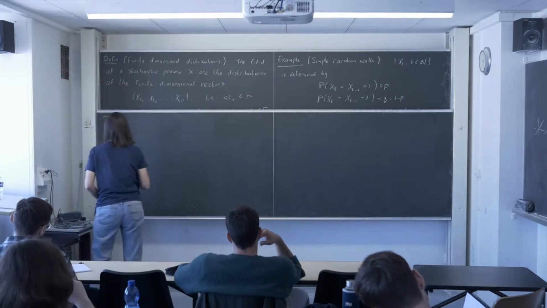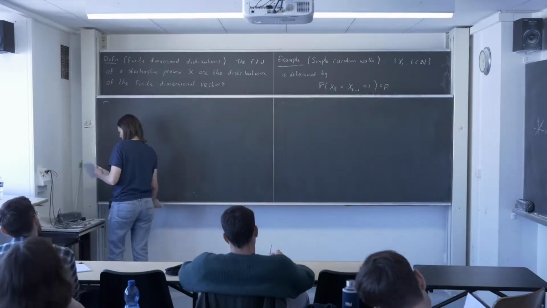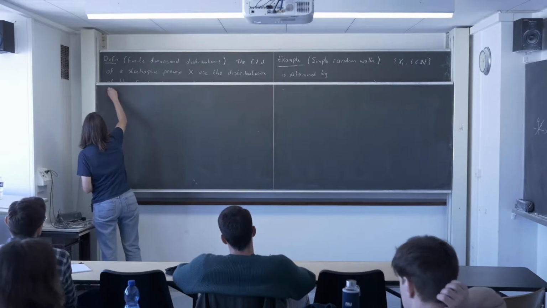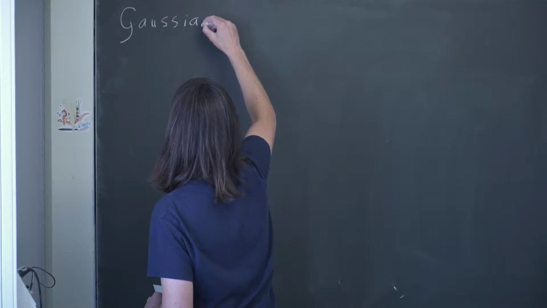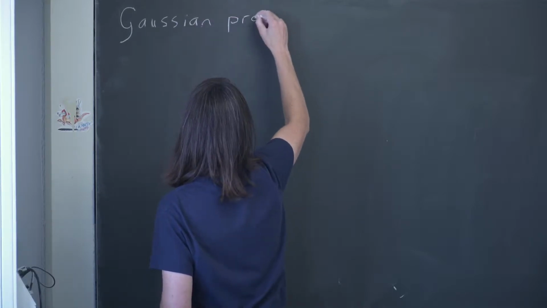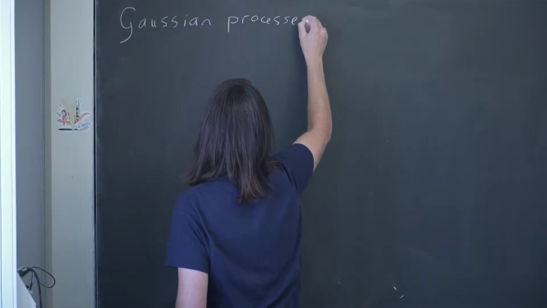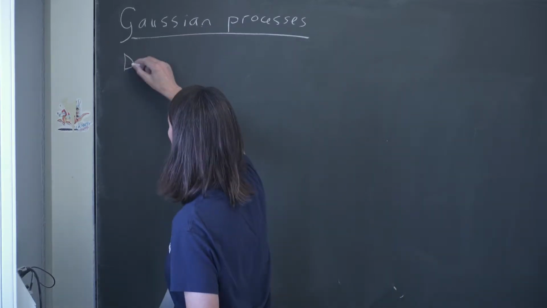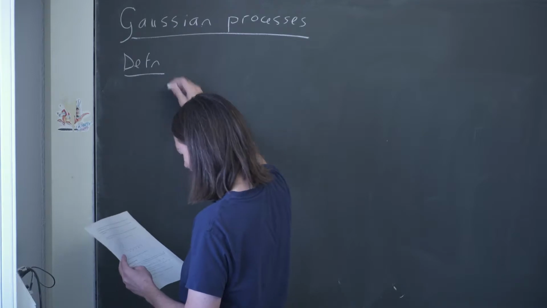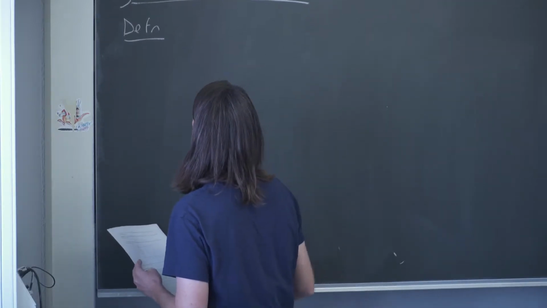Okay, so Brownian motion is an example of something called a Gaussian process. So let's look at Gaussian processes. And again, just to recall the definition of the multivariate Gaussian distribution.